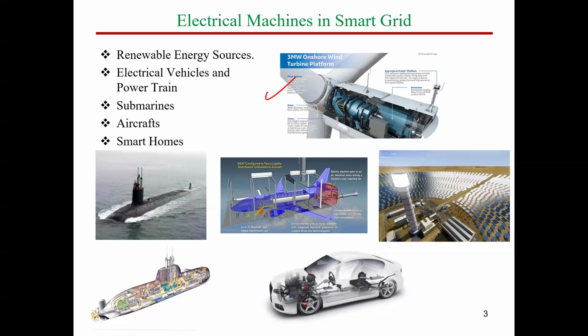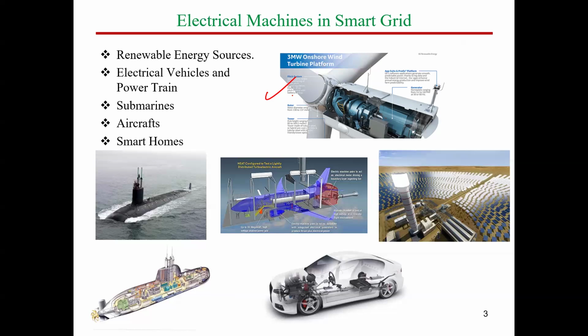For the wind turbine, guys, we have what's called onshore and offshore. Onshore is on the sea shores, but offshore means it's far from the shore, in the sea. Okay, so this is called offshore. So we have these two types of wind energy systems.